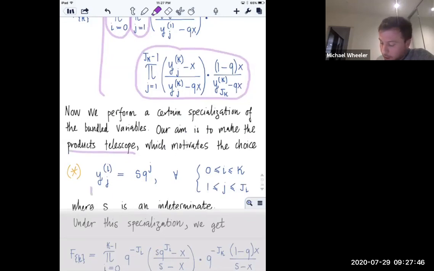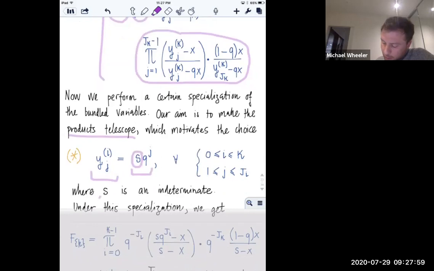So I'm going to take the y variables in every single bundle to be this geometric progression. The base here is going to be s, which is some indeterminate, which for the moment we'll just treat as an arbitrary variable.